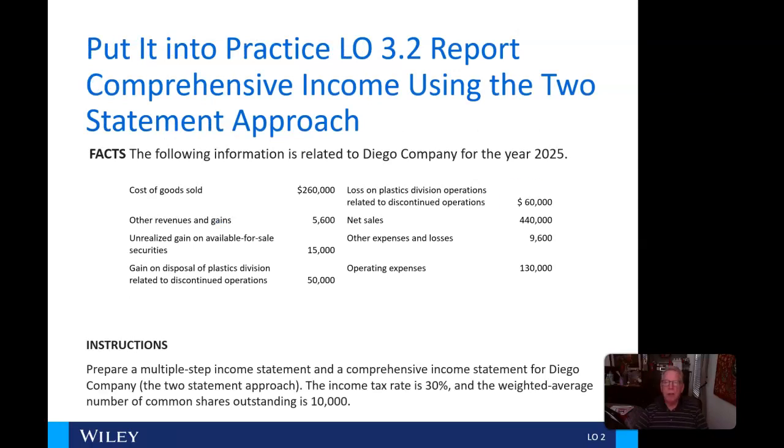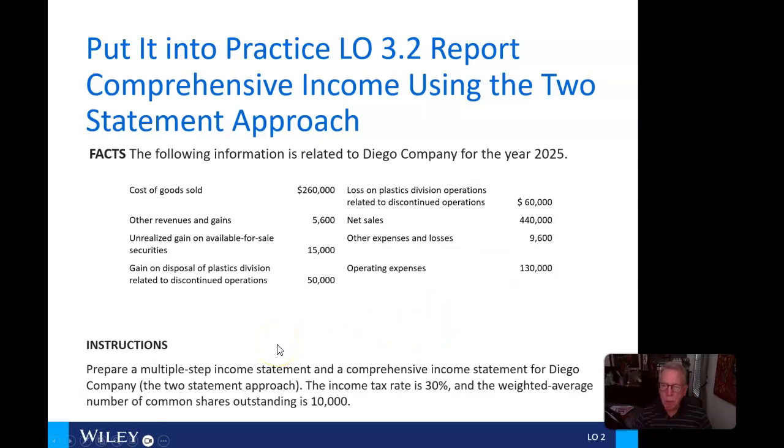Okay, let's take a look at using the two-statement approach, this time for the Diego Company. Here we have our cost of goods sold, other revenues and gains, unrealized gains on available-for-sale securities, gain on the disposal of the plastic division related to discontinued operations, loss on the plastic division operations related to discontinued operations, net sales, other expenses and losses, and other operating expenses.